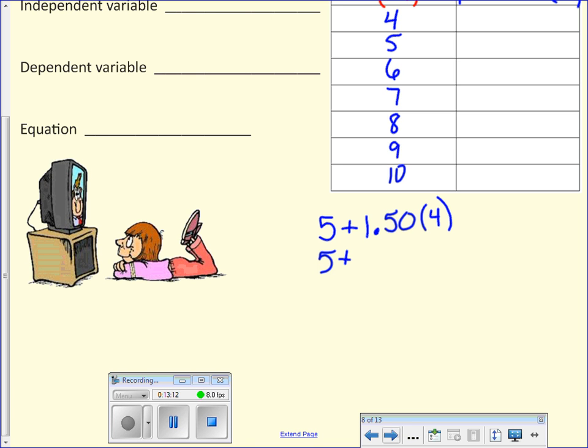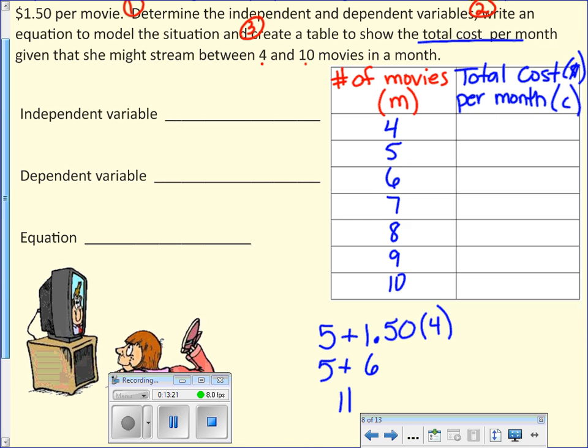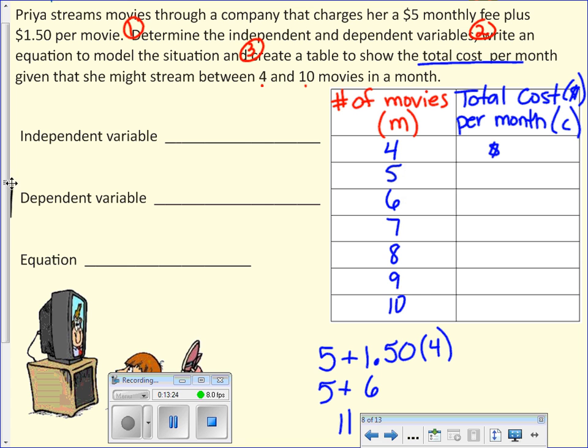So go to your margin, do the computations. $6 plus the $5 monthly fee, so it's $11 per month to rent 4 movies. Suppose there's 5 movies.